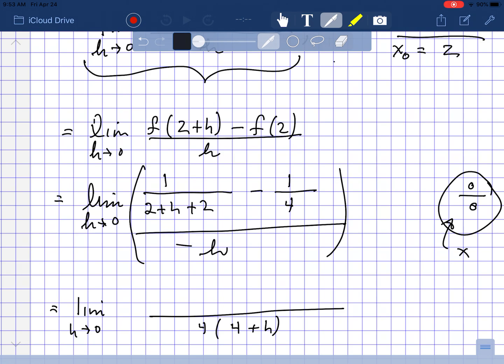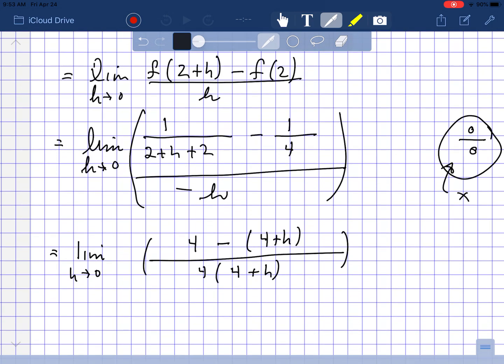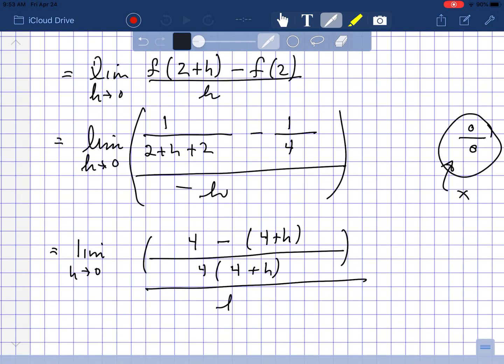And then what do I have? Up here I'm going to have 4 minus 4 plus h. So that's my numerator, and that's being divided by h. And this should not be a minus sign here. It kind of looks like a minus sign. That was just a typo.